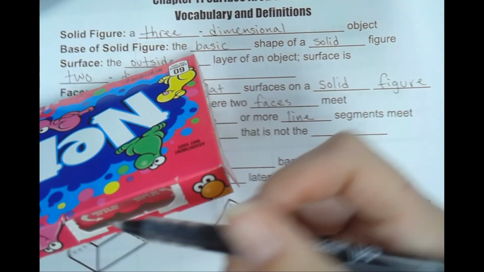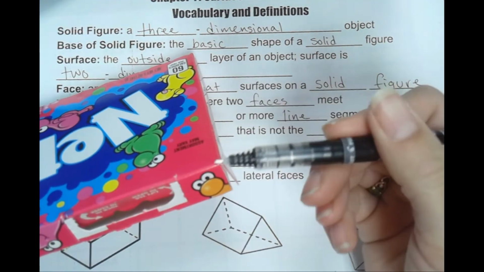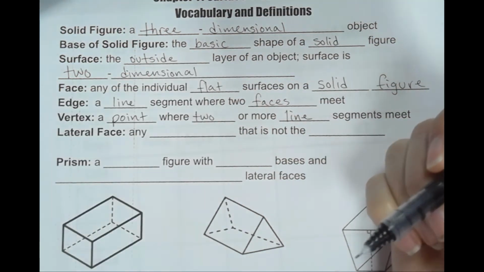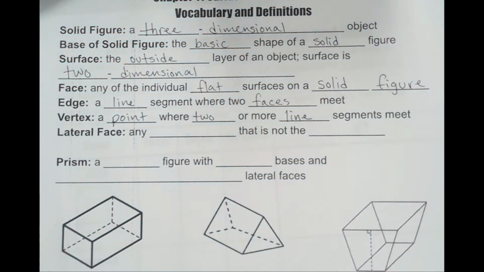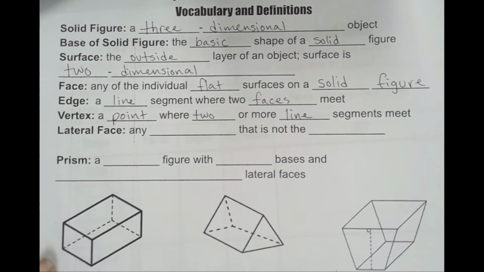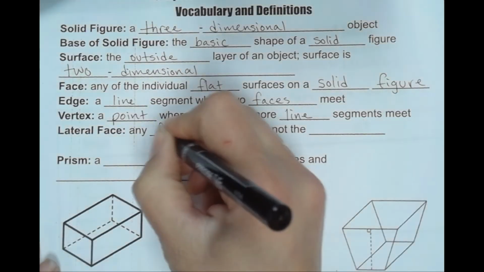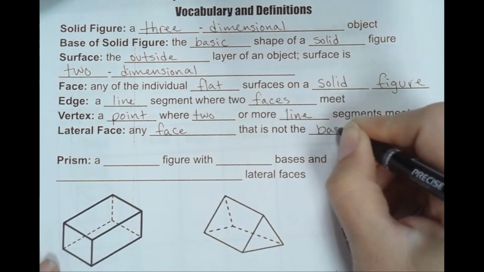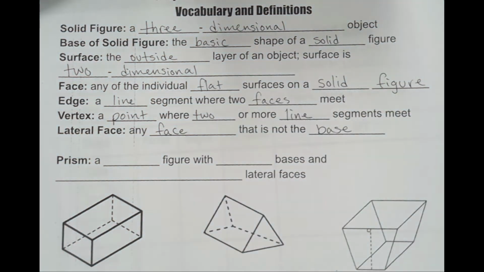We've got this line segment that meets this one and this one. Okay, there's a vertex. A lateral face is any face that is not the base. Lateral face is any face that is not the base itself.